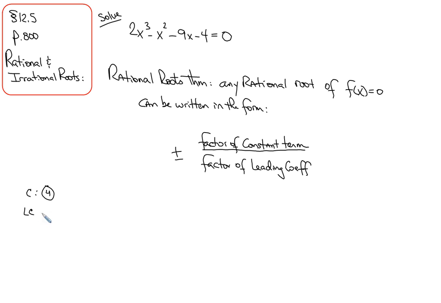What is the leading coefficient? 2. What are the factors of 4? 1, 2, and 4. Right? 1 times 4, 2 times 2. Those are the only integer factors of 4. What are the factors of 2? 1 and 2.